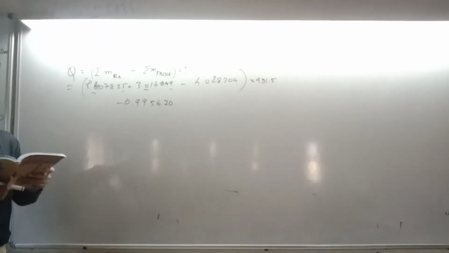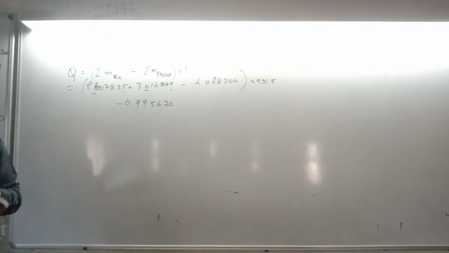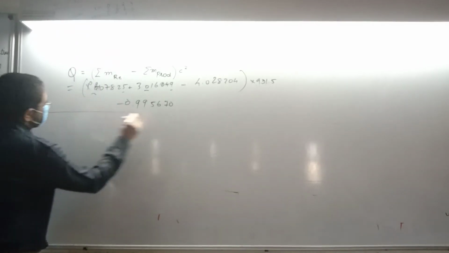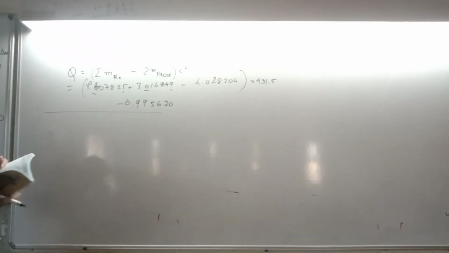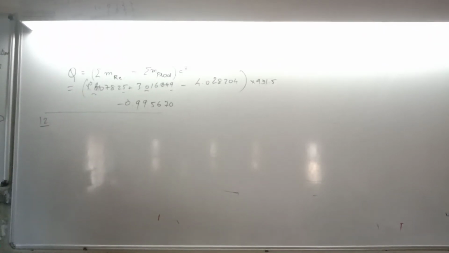Now let's solve the other kind of question, where you have alpha emission and then find the energy. This is once again related to the Q value. Question 12 kind.